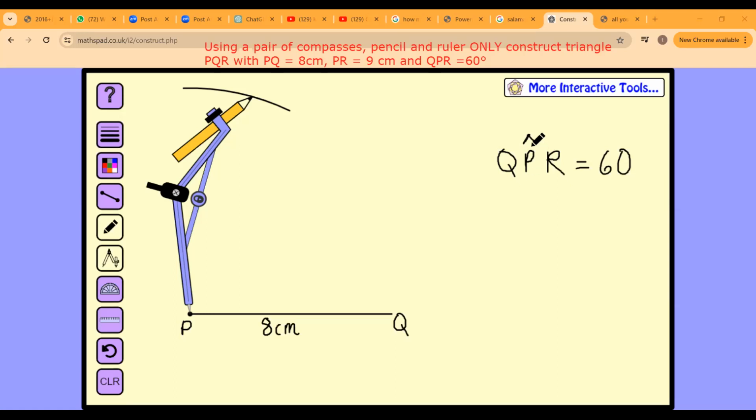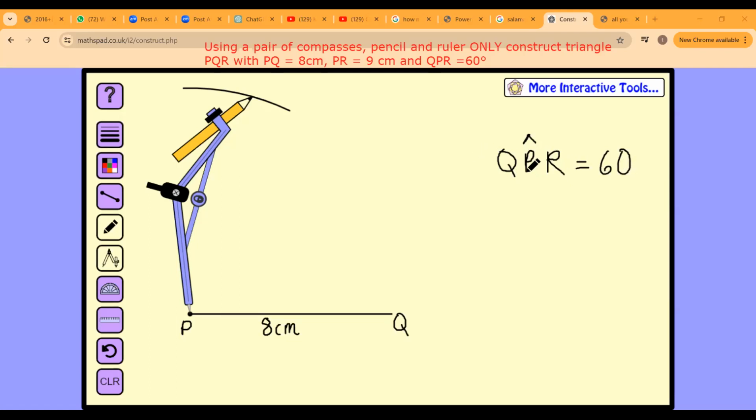Now, what measurement should angle P be? We know that P is in the middle, but what should be the size of angle P? No, it says QPR is 60 degrees.